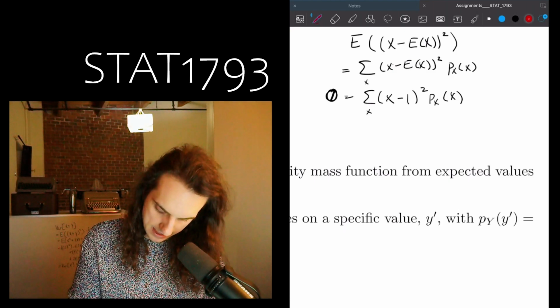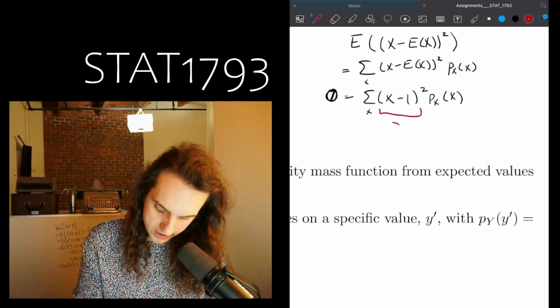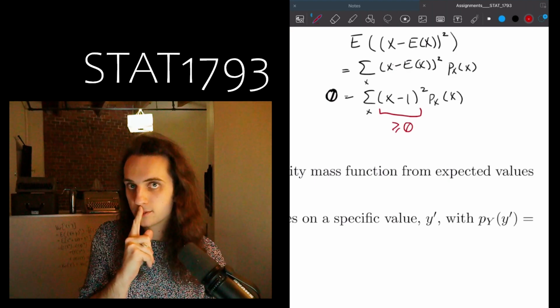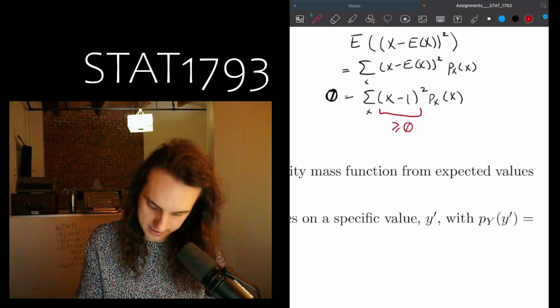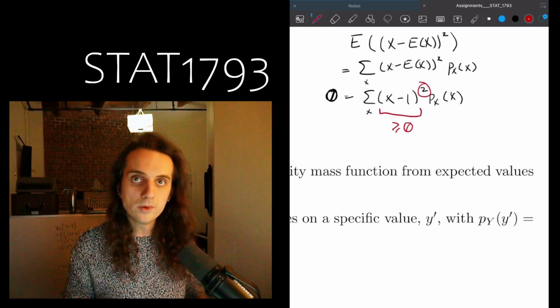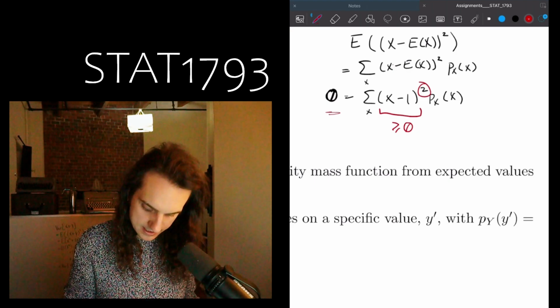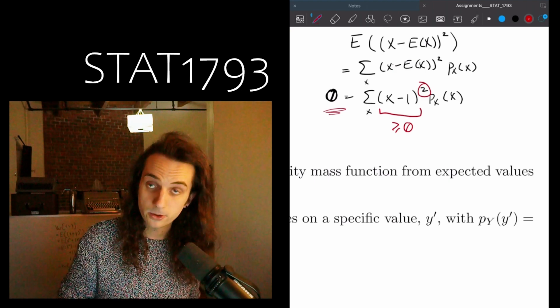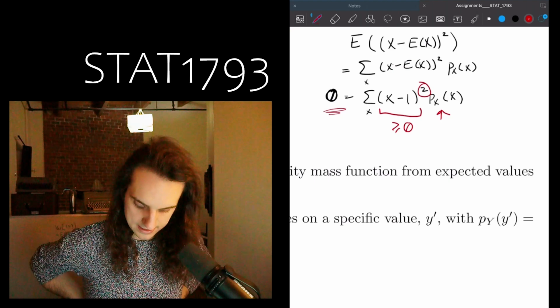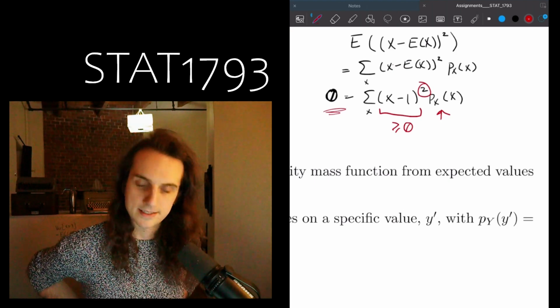However, this term right here is always going to be greater than or equal to 0, right? You can't have a negative value on that term because you're squaring it. So because this can't be negative, the only choice in order to end up having this sum be 0 is to make it either 0 or to make the probability that x is 0, right?